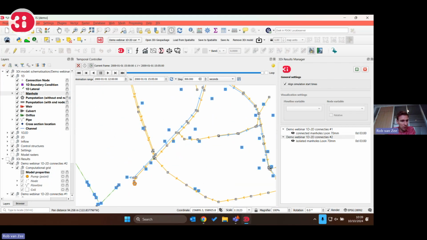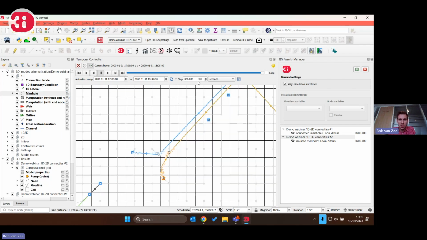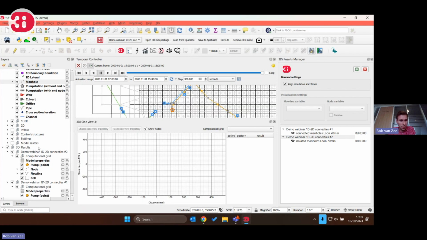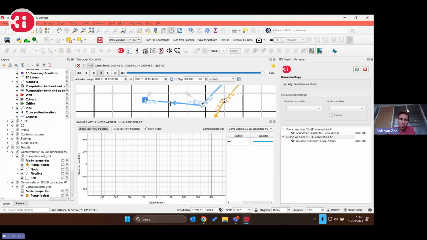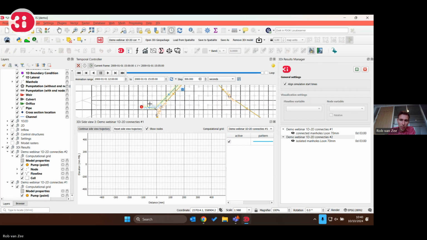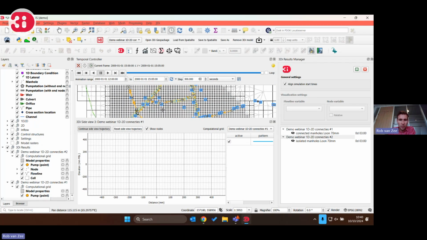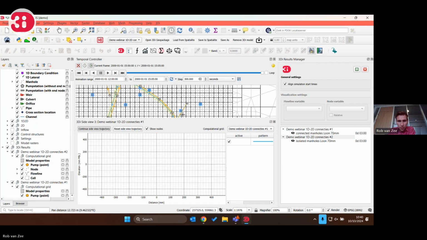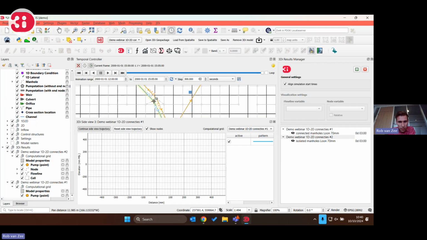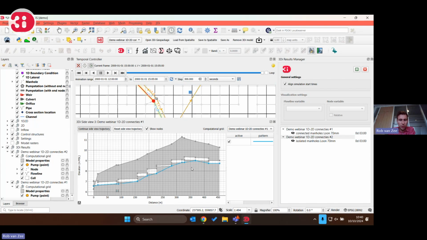What's also nice to see, another part of the results, is, for example, where does all the water come from? Okay, this button doesn't work right now, but we can use this one. So what we see here, we've got our storm drain sewage. And for example, I'm curious to know what are the water levels through the entire sewage.